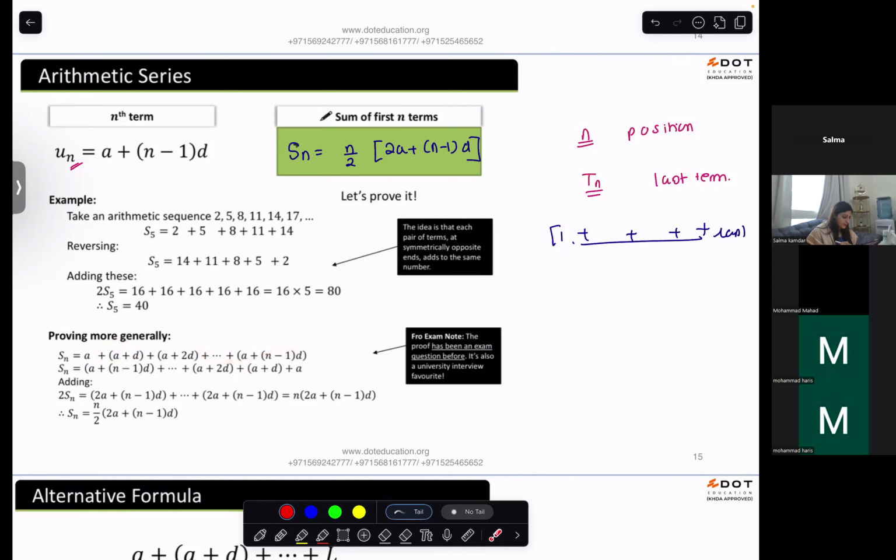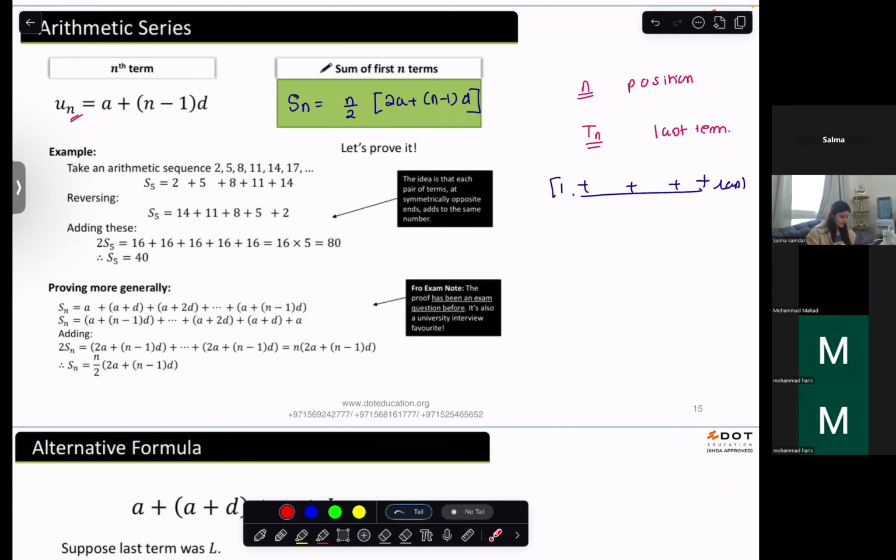Reverse the order, and then just add them both up. If I add them like a simultaneous equation, I would get 2Sn and every term would add up to 2a plus n minus 1d. If you're watching the video, you can pause, try, do, and then go ahead.